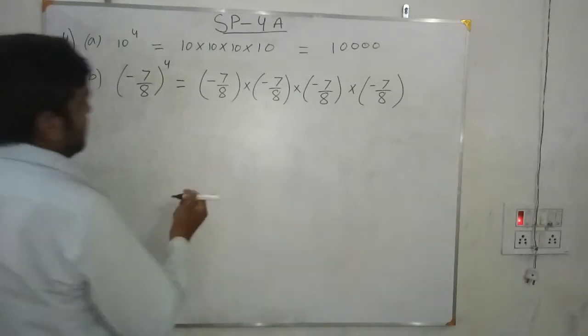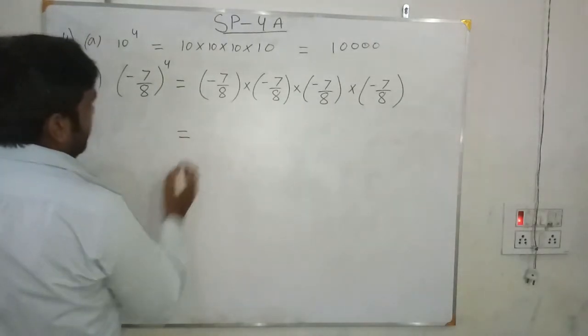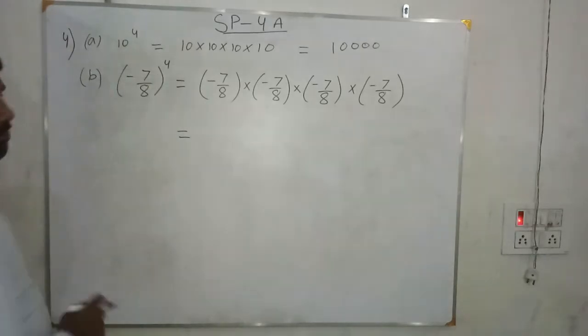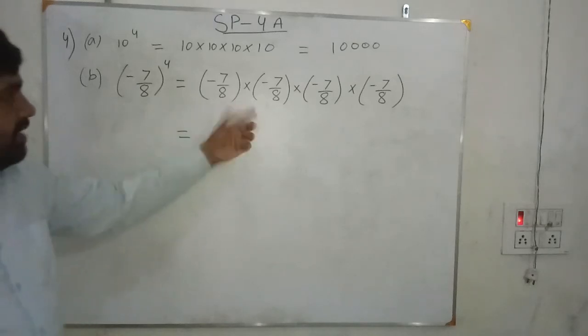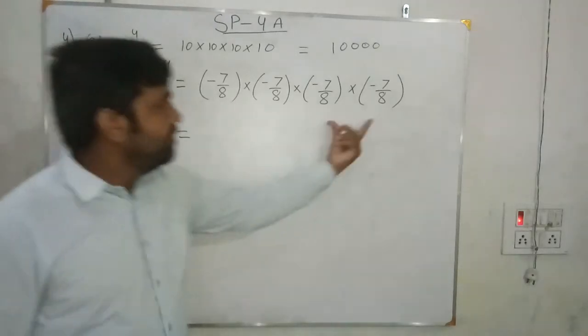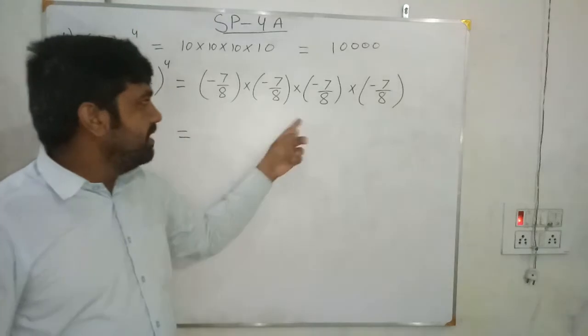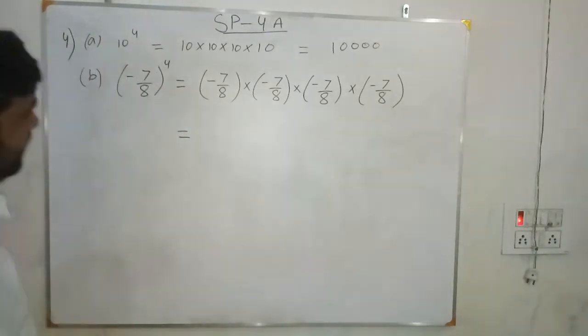Now we have to find its value also. See what will be its value. The base is negative and the power is even, so the value will be positive only. Minus into minus gives plus, this two product will give you plus, and plus multiply plus gives you plus only.